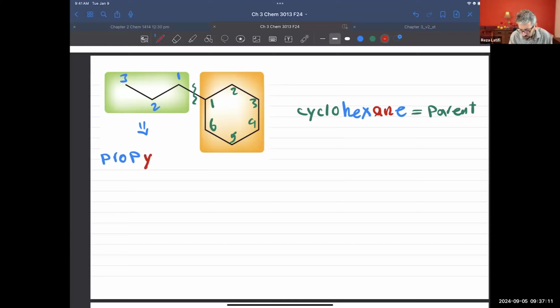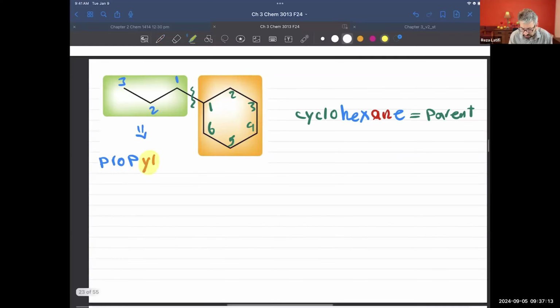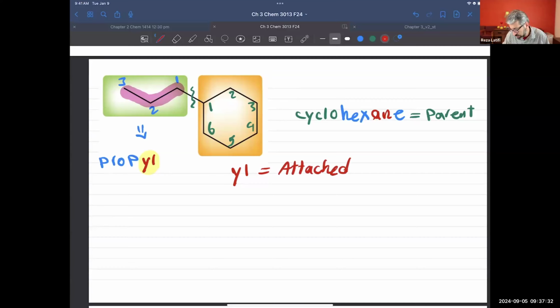Why YL? Because I want to say this piece is attached to the ring. And how do I say it is attached to the ring? I add YL. So from now, YL means attached to somewhere.